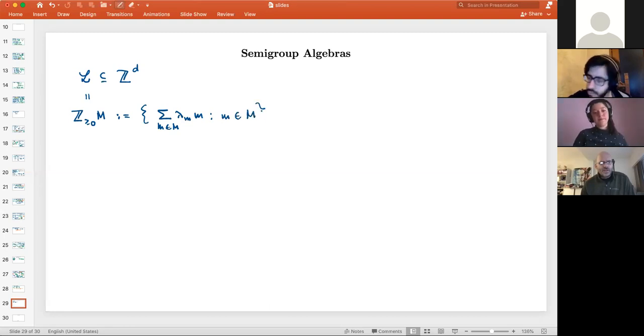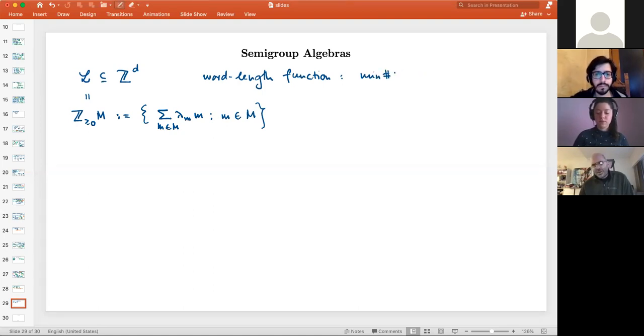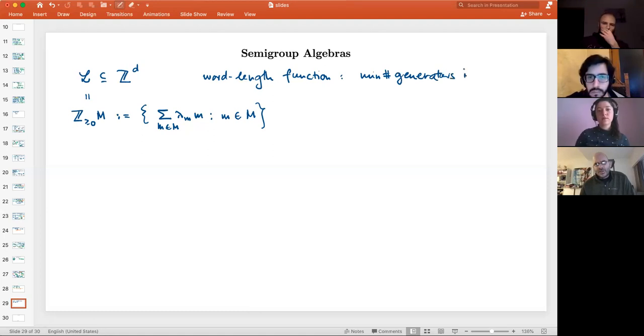This word length function that we were interested in, but again, this was just an example, was writing the minimal number of generators, the things in M, needed to write some element.